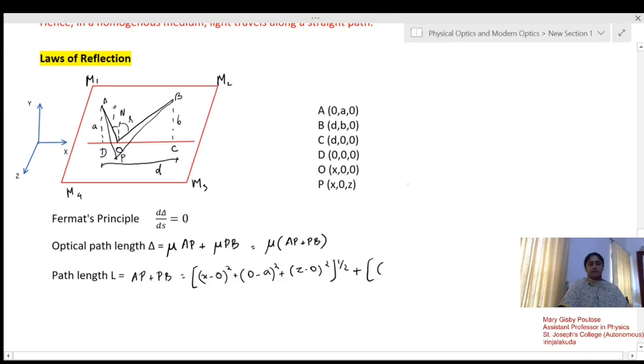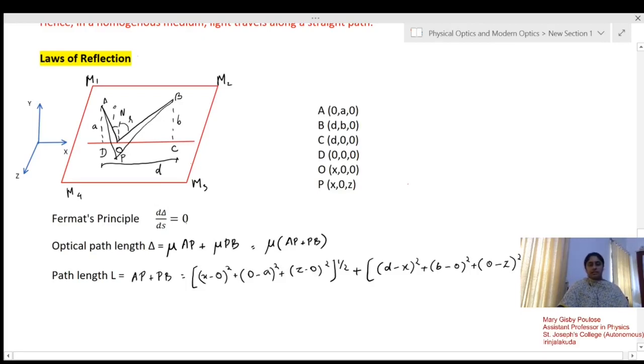I can write d minus x the whole square plus b minus 0 the whole square plus 0 minus z the whole square whole raised to 1 by 2. Okay.